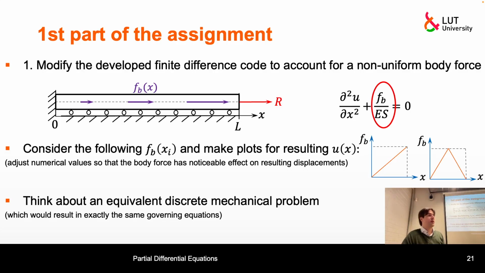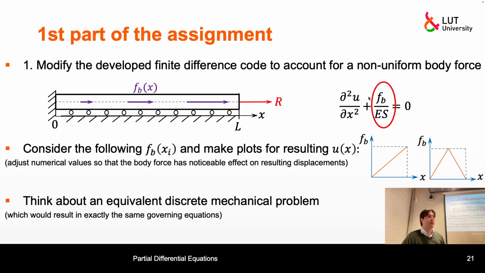And we still have some force applied at the end, but how can we account for those body forces in our solution, and how can we introduce them into our finite difference code? Okay, we'll talk a little bit about that, but basically I want you to do that by yourself.